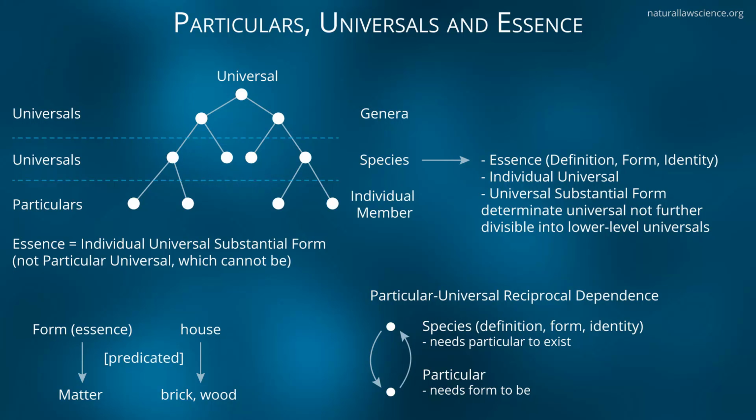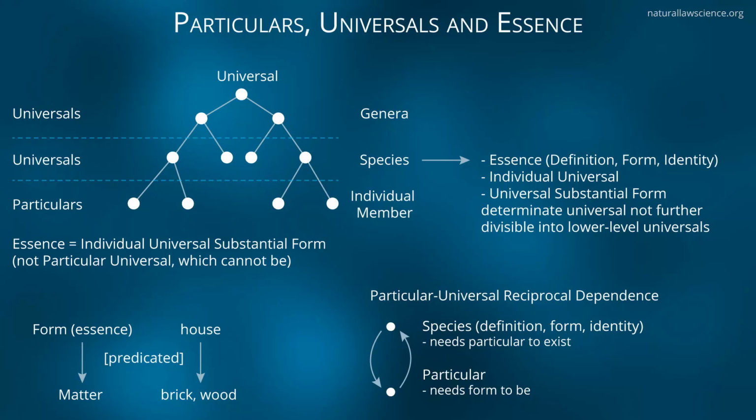The universal substantial form, which is a substance, the secondary substance that is part of the first substance, the primary substance in the particular, is the universal substance of the form, of the essence.